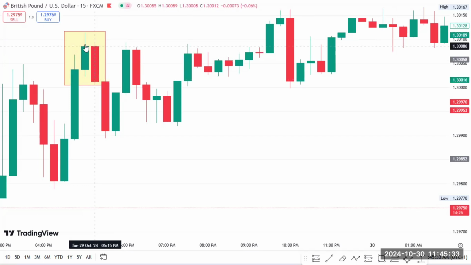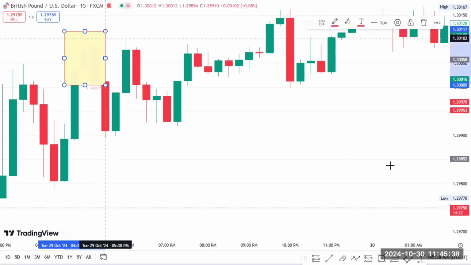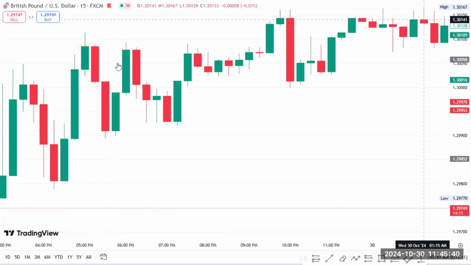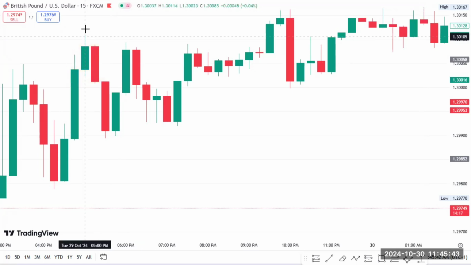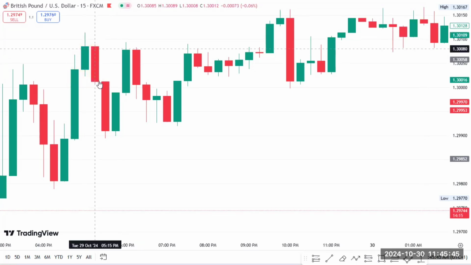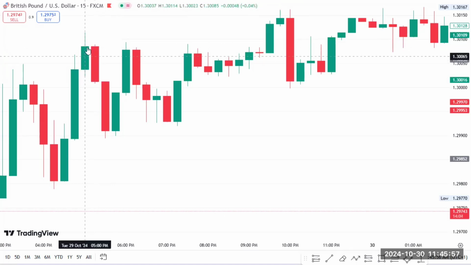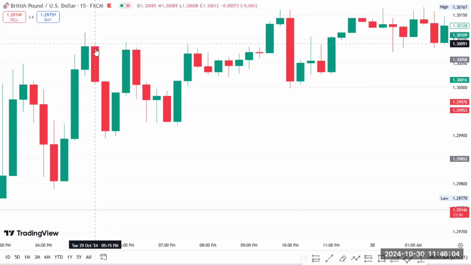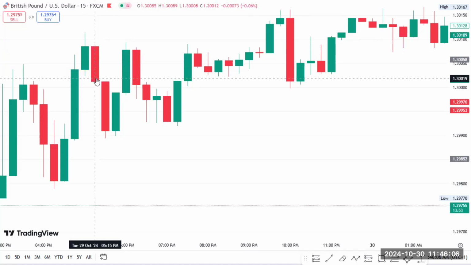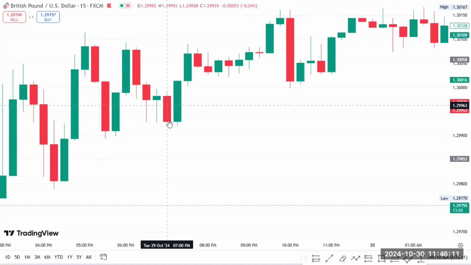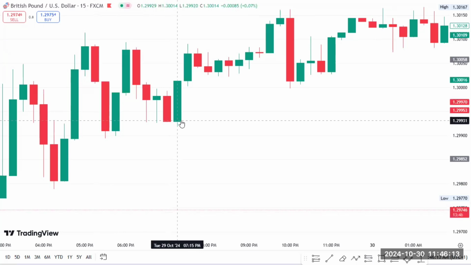So it's not about the wick. You can see the wick of the previous one. Let me delete it for you to see what I'm doing. So the wick of the previous one is still high above this one, but yet this red is an engulfing candle. Now, because the previous one is bullish and the next one is bearish, it means this one that is engulfing is known as a bearish engulfing candle, whereas this previous one is bearish and then the next one that engulfs it is a bullish candle.